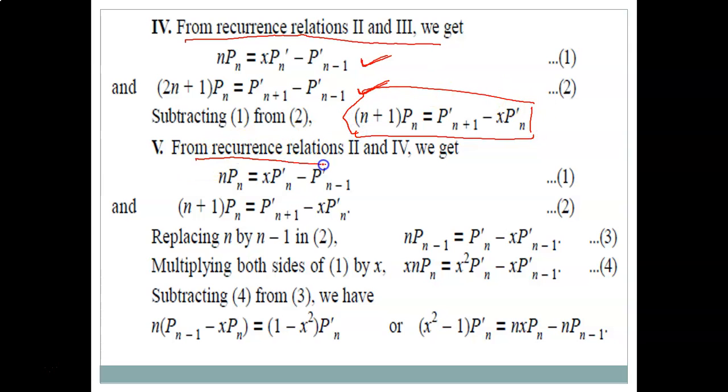Now the fifth. For proving the fifth recurrence relation, we can utilize relations second and fourth. The relation second is here and relation 4 is here. Replacing n by n minus 1 in 2, it becomes Pn minus 1.